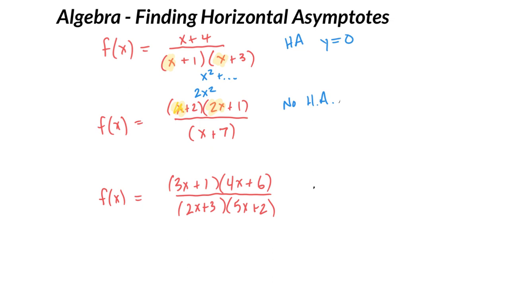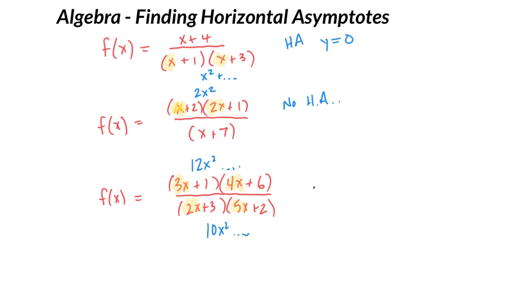Last, we've got 3x and 4x. So if we expanded this out, we would end up with a 12x squared. And in the denominator, we have a 2x and a 5x. If we expanded that out, we'd get a 10x squared.